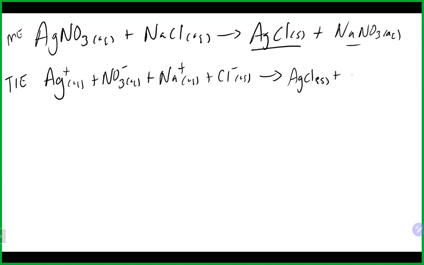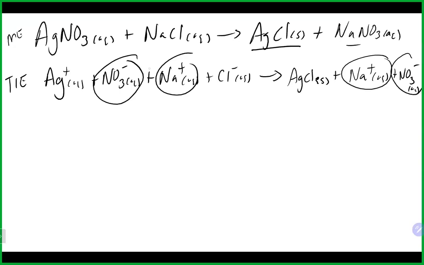And this, guys, is going to break apart, as it is a strong electrolyte, into sodium and nitrate here. Once again, looking at our total ionic equation, we can see that nitrate and nitrate are the same. Sodium and sodium are the same. These again would be our spectator ions.